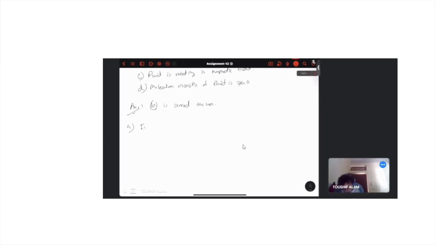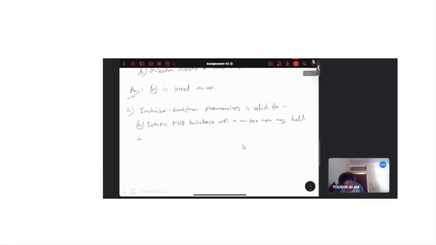Question number 4 is Iroshnikov-Kraichnan phenomenology is valid for isotropic MHD turbulence with a non-zero mean magnetic field.